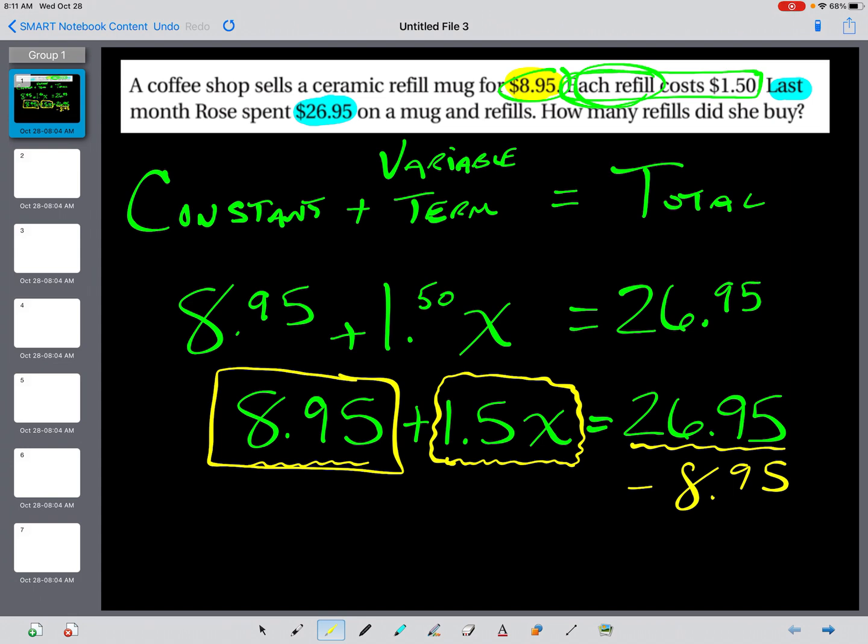So now we have this equation: 1.5x equals 18. So essentially what you've done is subtract out the cost of the upfront ceramic mug, right? And so what we do know now is that all of our refills combined added up to $18.